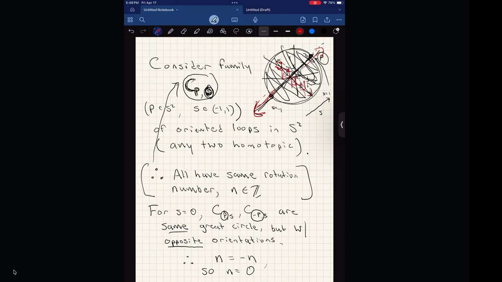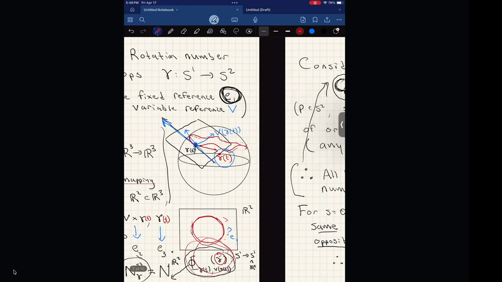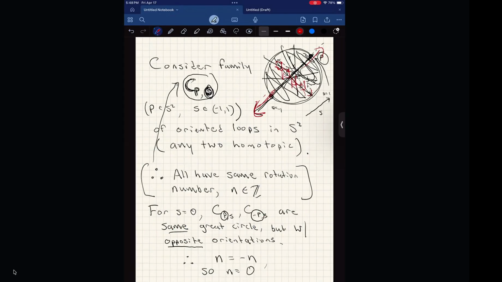If you think about how all this is defined, you're seeing the curve that you see in R2 on the unit circle in R2. If you switch P to minus P, you're just seeing the same curve, but traversed in the opposite orientation. So this means that your number n is equal to minus itself, and so it has to be 0.